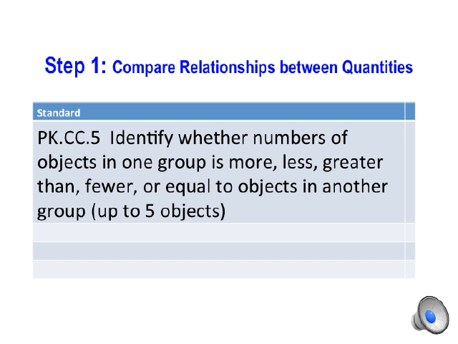PKCC5, which states, identify whether numbers of objects in one group is more, less, greater than, fewer, or equal to the objects in another group, up to 5 objects. You might have considered PKG standards where students compare relationships.